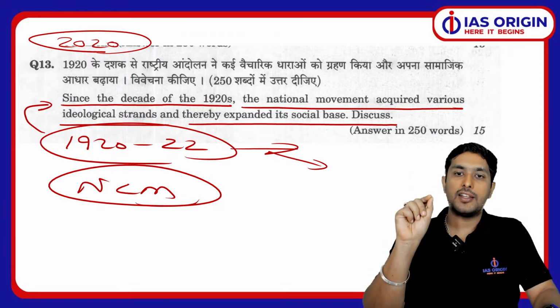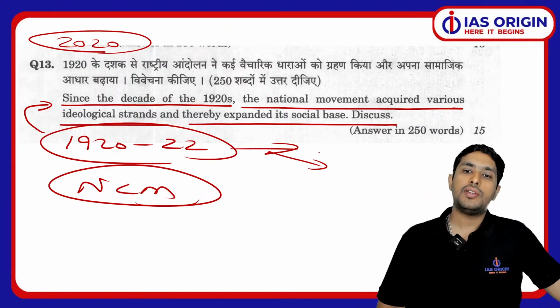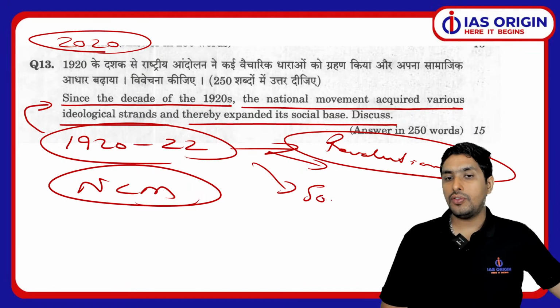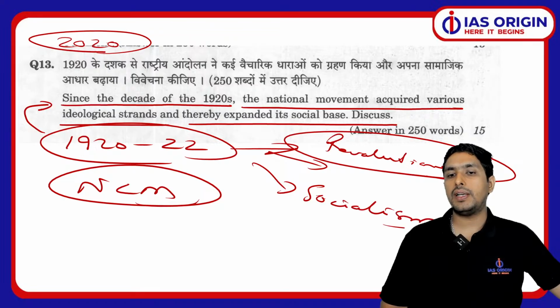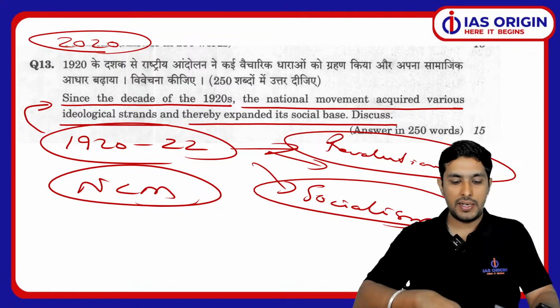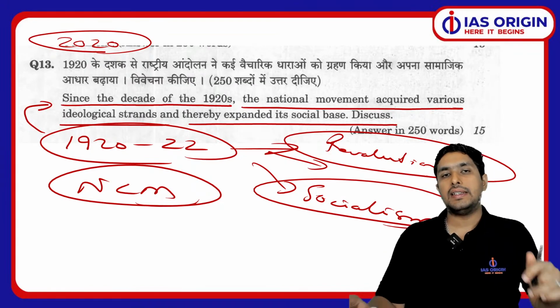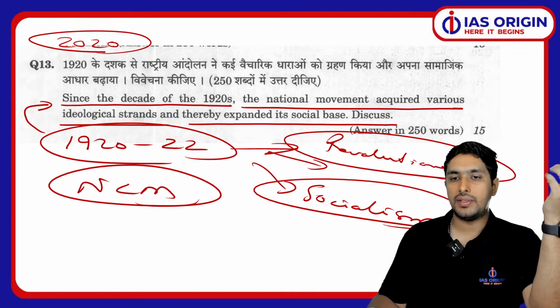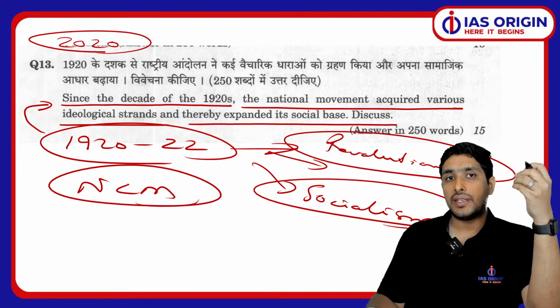Now that is one aspect. So some people are following Gandhian ideology, some people are following the revolutionaries, very important. And we also see the rise of socialism to a great extent. So all these ideologies are there, and ultimately we have to understand that this has given a massive mass base to the freedom struggle which we had in India.